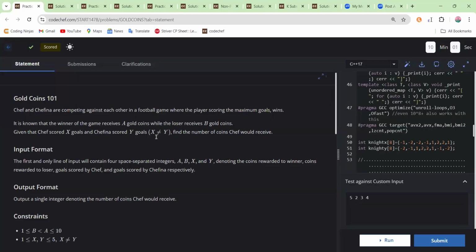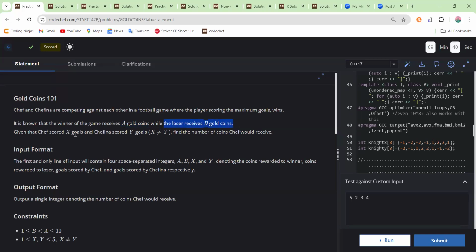So this is the first problem. The name of the problem is Gold Coins 101. Chef and Chefina are competing against each other in a football game where the player scoring the maximum goals wins. The winner of the game receives A gold coins while the loser receives only B gold coins.